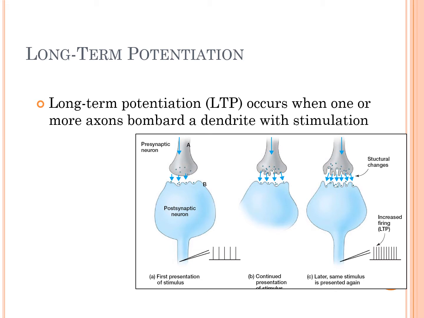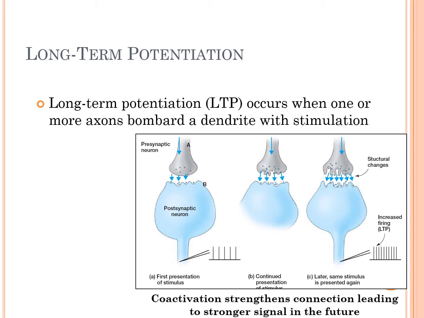we see that there are changes. So in B, as continued presentation of the stimulus occurs, we're seeing changes in the presynaptic neuron. You can see that there is more area for neurotransmitter to be released. There's more neurotransmitter ready to go, basically, in that presynaptic neuron. And then also we see changes in the postsynaptic neuron, where we're starting to see the building of receptors and the changing slightly of those dendrites.